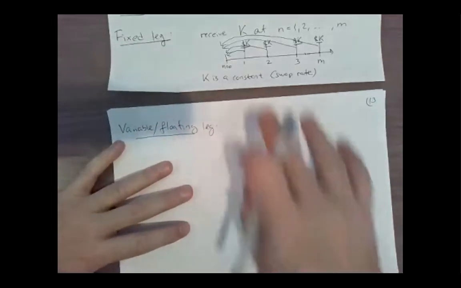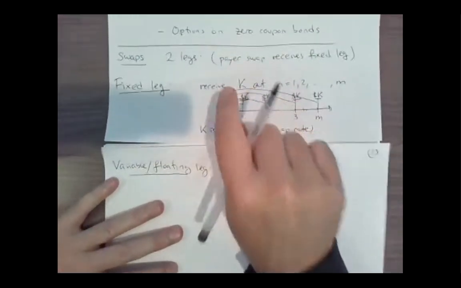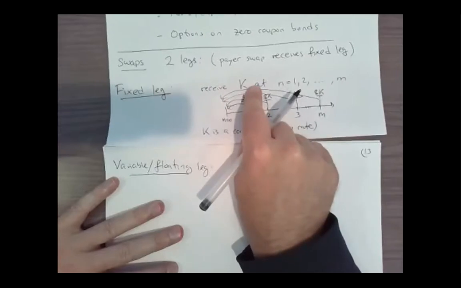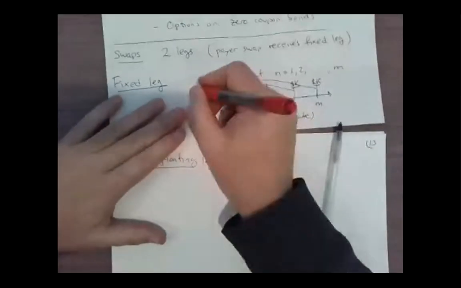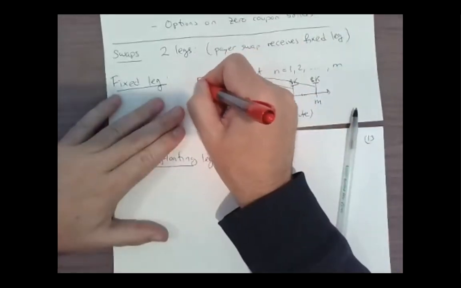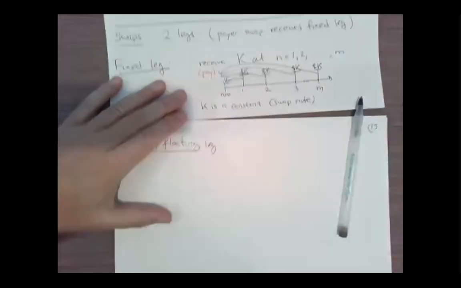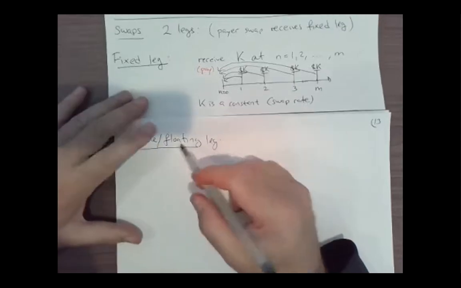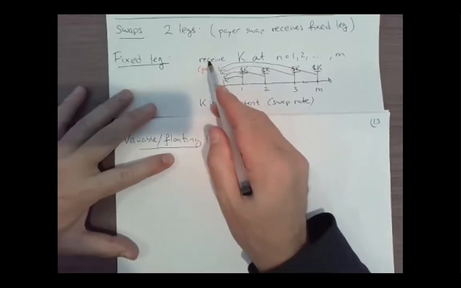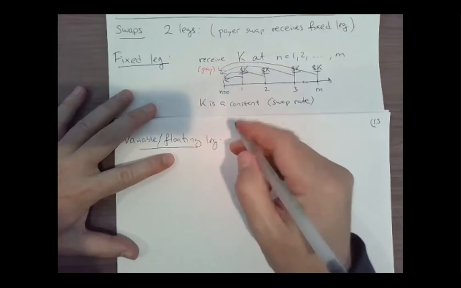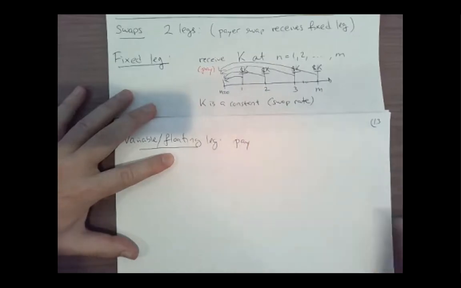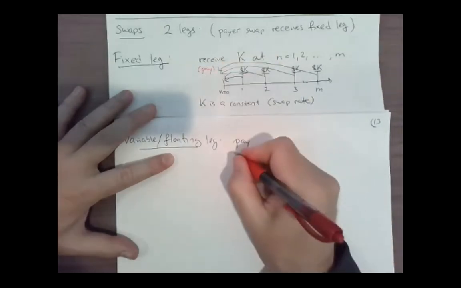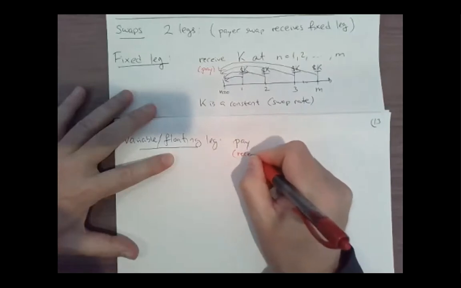So if it's a payer, you receive K, but you could equally well pay it. That would just be the opposite: you receive or you pay. And for the floating leg, it's the opposite. So if you're receiving up here, you're paying here. And then, of course, if you're in the other case, you will be receiving here.